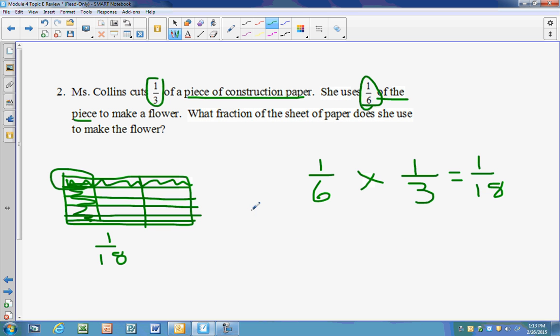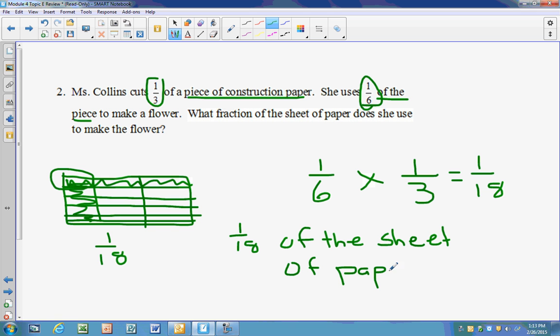And then I would write an answer that 1/18 of the sheet of paper makes a flower. Because we need to make sure that we write a sentence.